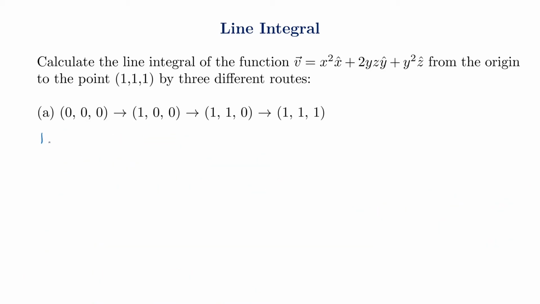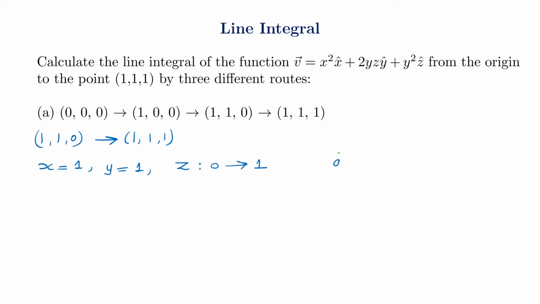We'll now calculate the line integral in going from 1, 1, 0 to 1, 1, 1. In this case, x is equal to 1, y is equal to 1 and the value of z changes from 0 to 1.